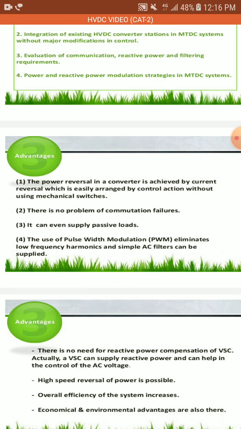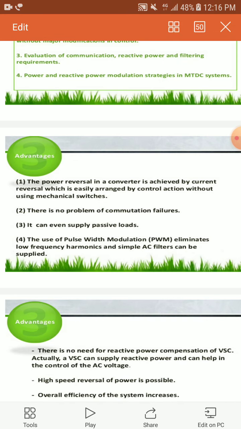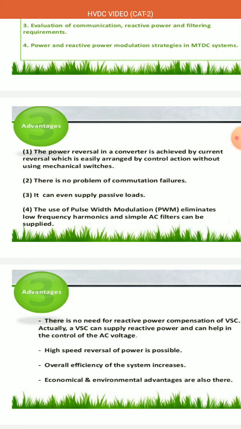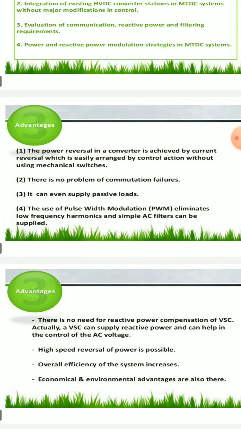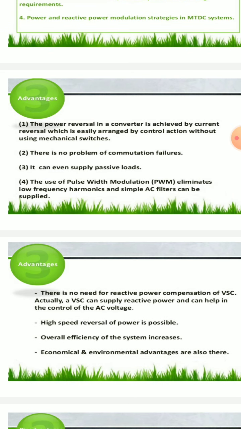Advantages of multi-terminal HVDC systems: power reversal in a converter is achieved by current reversal, which is easily arranged by control action without using mechanical switches. There is no problem of commutation failures. It can even supply passive loads.